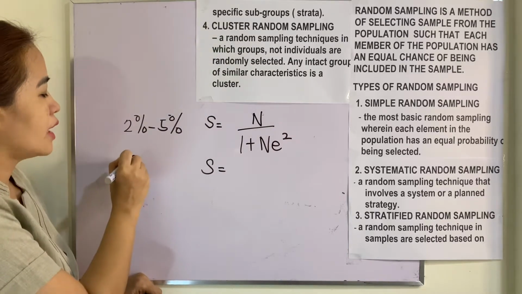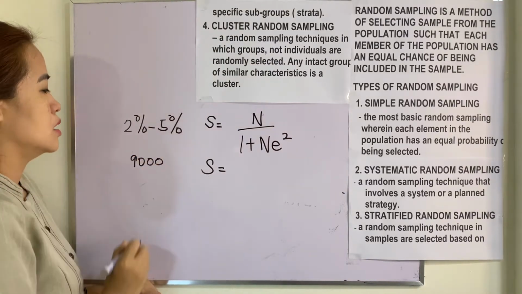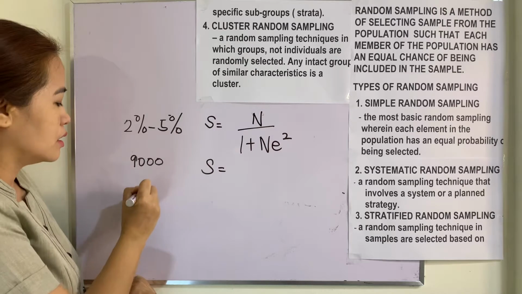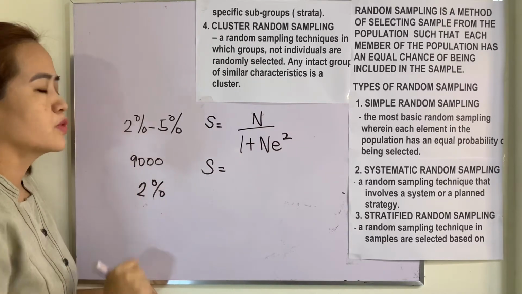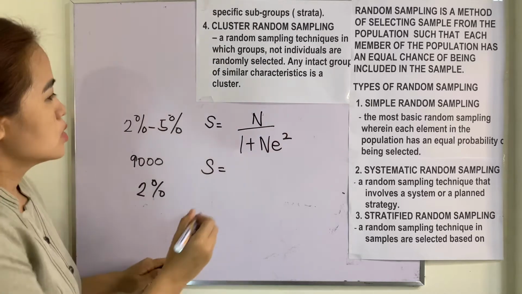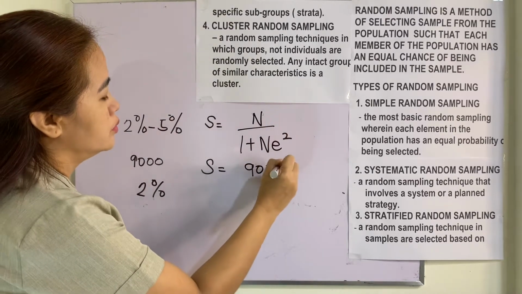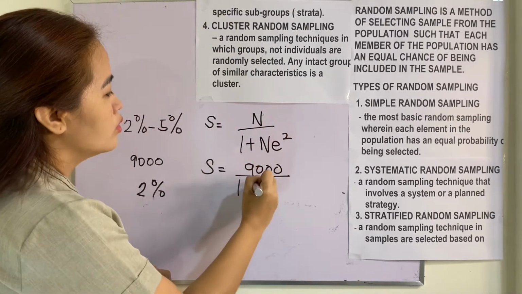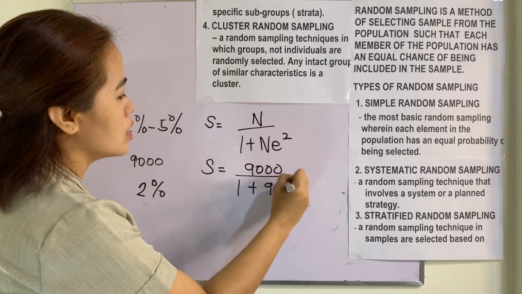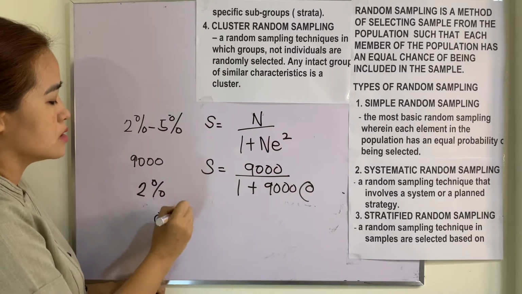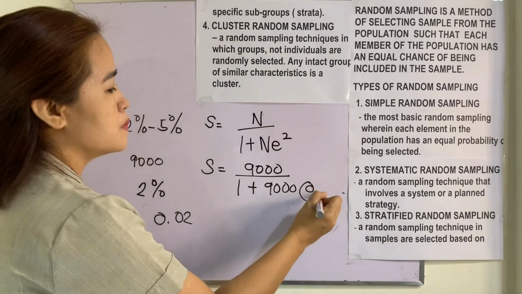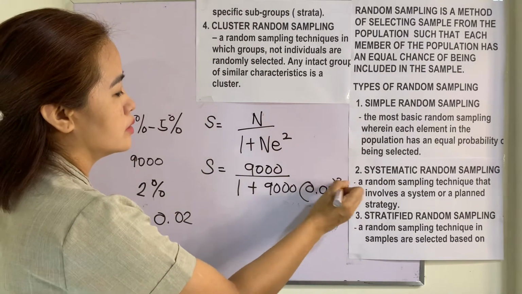Suppose your entire population is 9,000, and the standard margin of error that I will be choosing is 2%. So this one is 9,000 over 1 plus 9,000 times, I will be changing this into 0.02, so this is 0.02 squared.